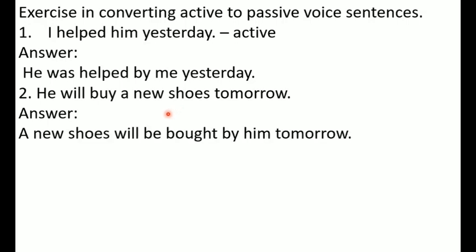A new shoes will be bought, ang past participle ng buy ay bought, followed with the preposition by, and then yung he, the doer of the action, ay magiging him. And then, just copy tomorrow. So, a new shoes will be bought by him tomorrow.